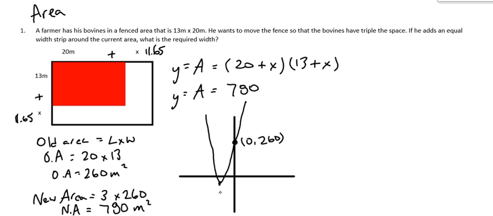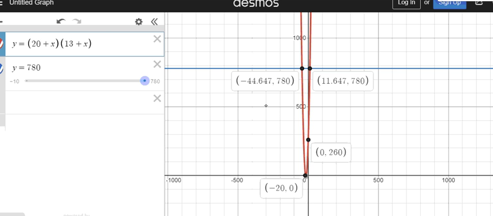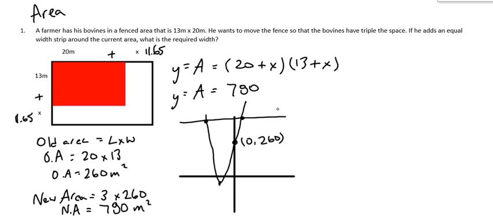This point right over here, I'm going to check in a second. And then I've got a line that goes across here. And I'm looking for these two points. If I go back, they both have a 780 height, and these are the two values. This one is 11.647 and 780.